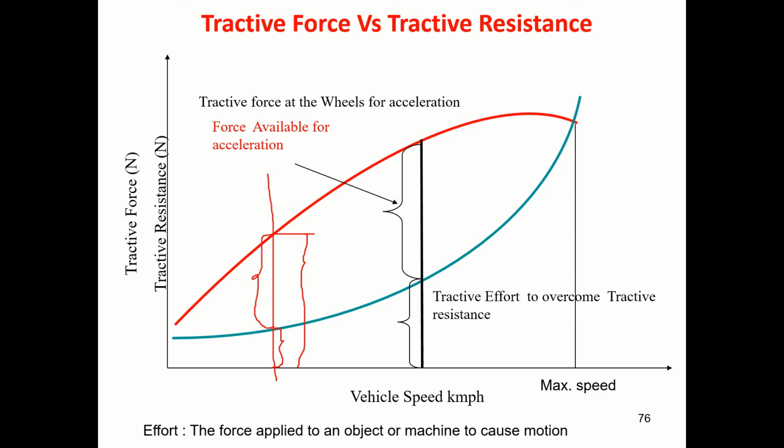A vehicle can accelerate. But at one point, the tractive resistance and tractive effort become equal as aerodynamic resistance increases. Beyond that, accelerating the vehicle is not possible. Then we say that is the maximum speed of the vehicle.